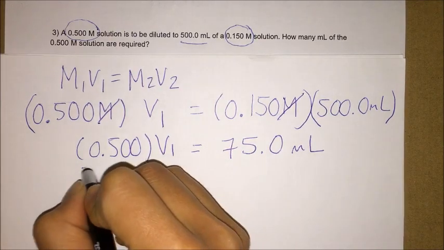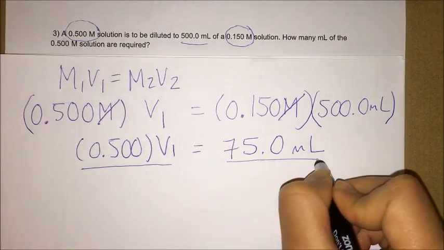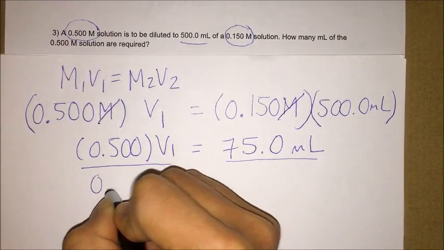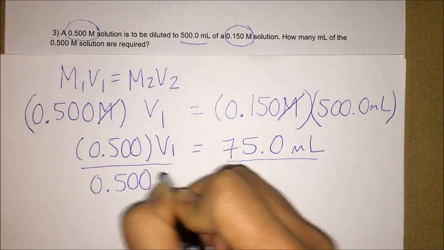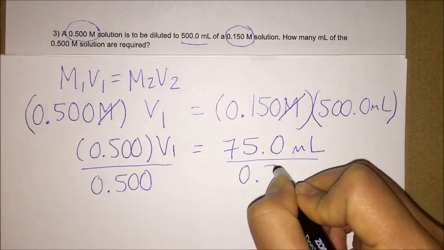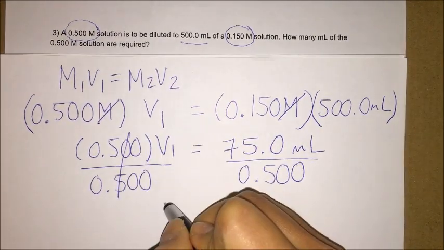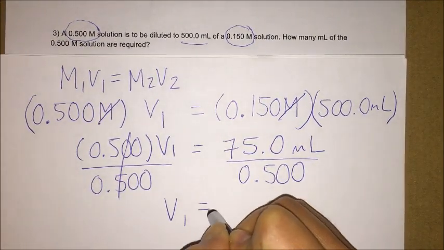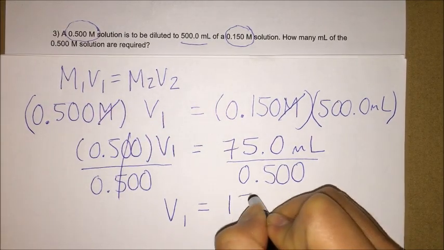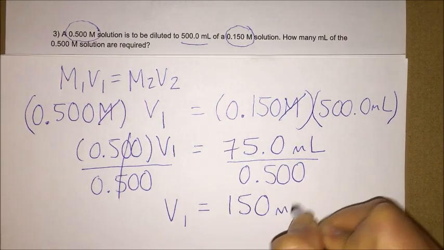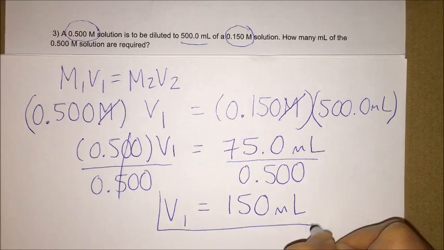To solve for your initial volume, you'll divide both sides by 0.500. So these cancel out, so your V1 is equal to 150 milliliters.